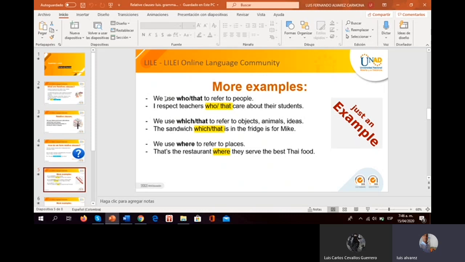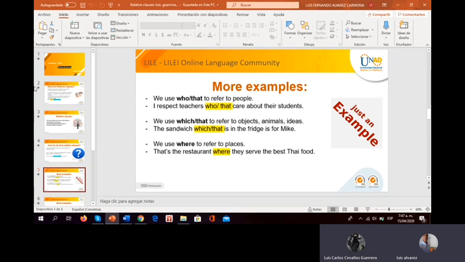So it says here, could you please read these examples? Okay, example. We use who, that to refer to people. I respect teachers who or that care about their students. All right, very good. Next.